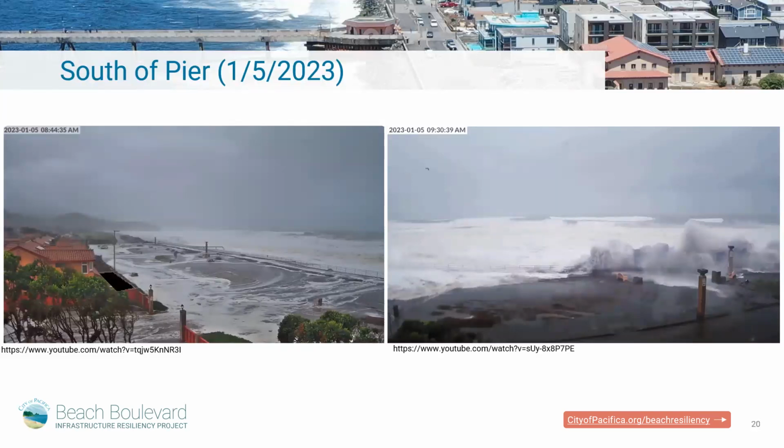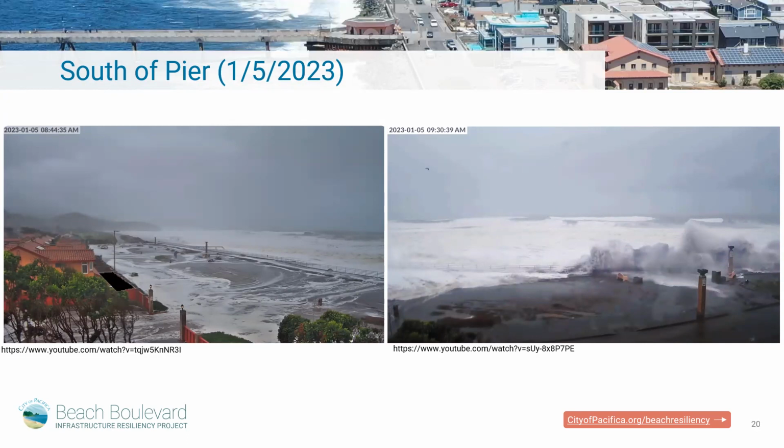And south of the pier, there was similar overtopping in the past in other significant storms in, say, 2016 when the pier was damaged or the seawall was damaged. There was not as much overtopping in the south part of the project area because the beach conditions, I think, were slightly different.